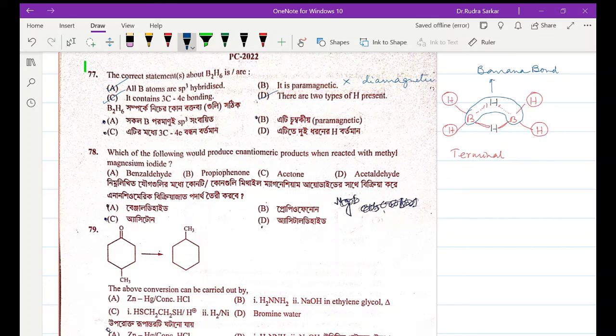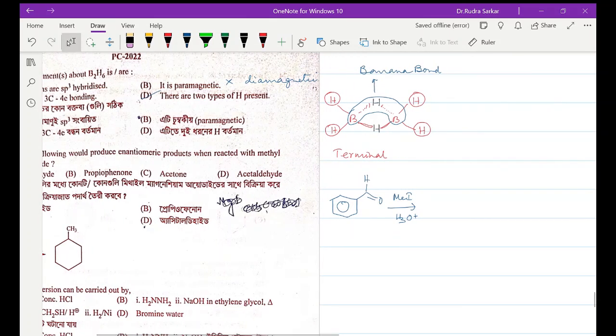Which of the following, question number 78, would produce enantiomeric products when reacted with methyl magnesium iodide? Okay, let's see. Benzaldehyde, if you react with methyl magnesium iodide, followed by the acidic workup, because this is going to attack, and what will form?